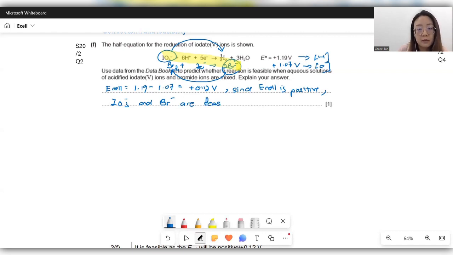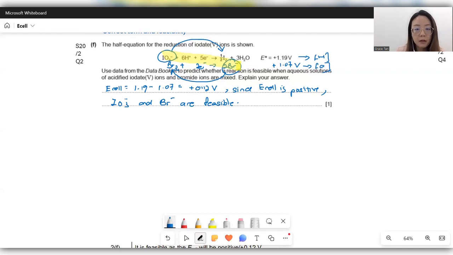So when you want to prove feasibility, you want to prove that Ecell is positive. If Ecell calculates out negative, it means that it is not feasible. Okay, but of course, the better version of proving feasible or not feasible will be your Gibbs free energy.